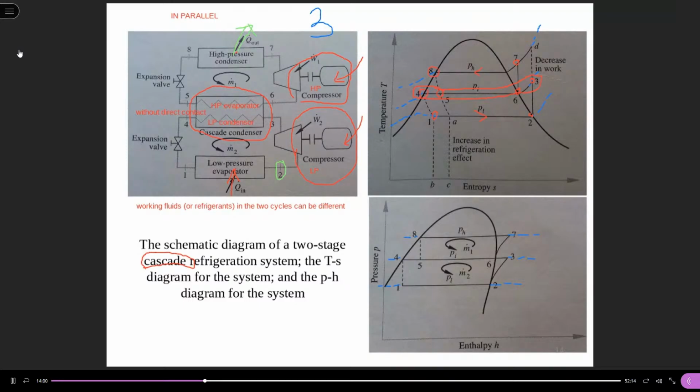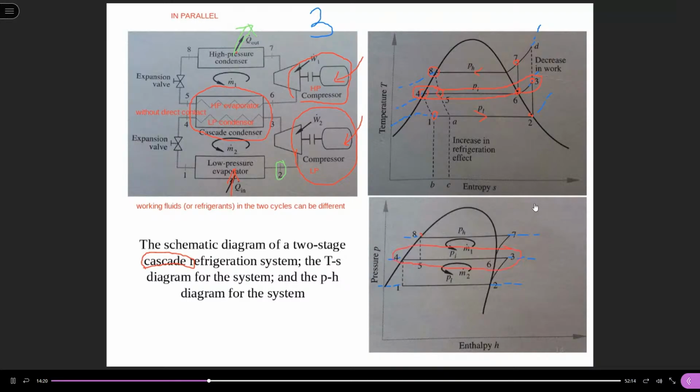And then we can also draw it on our pressure and enthalpy diagram. We can see all the states on the three pressure lines.